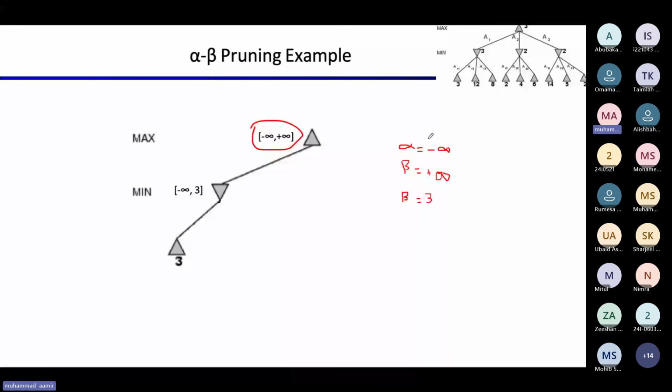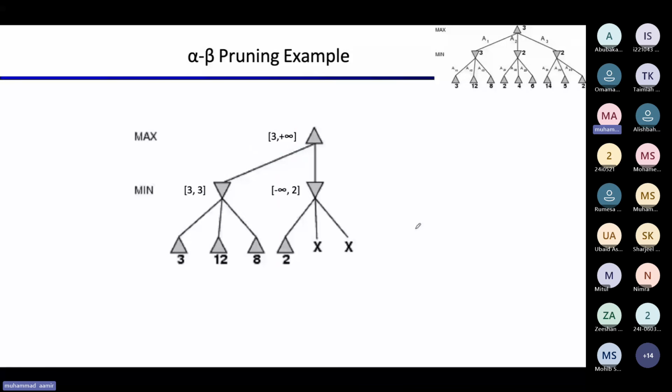In case of the max player, we try to change the alpha values, which the max player is going to get, and in case of min, we try to change the beta values, the positive values. So when you get the value 3, beta will be changed, and there is a simple condition of pruning, which is alpha greater than or equal to beta. On the basis of that condition, you actually prune the alpha beta search tree.